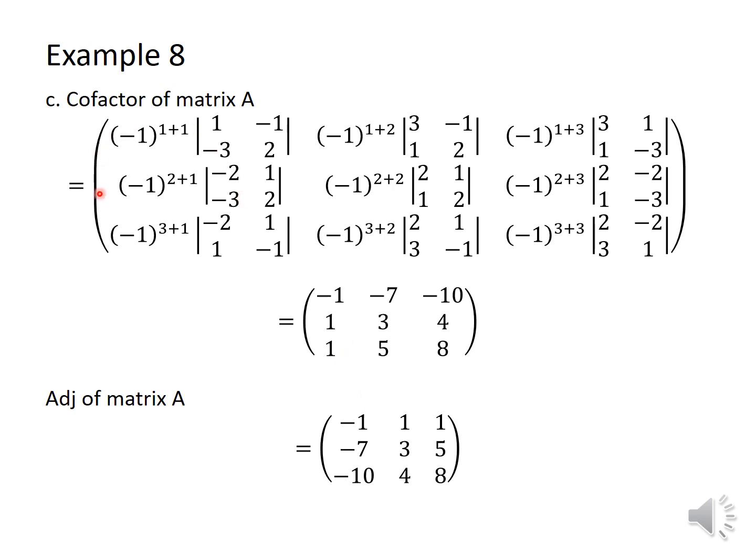Look at the working here to calculate the cofactor for each element. After you calculate, we have the cofactor matrix. And then to get the adjoint, we transpose the cofactor matrix of A. So we obtain the adjoint of matrix A.